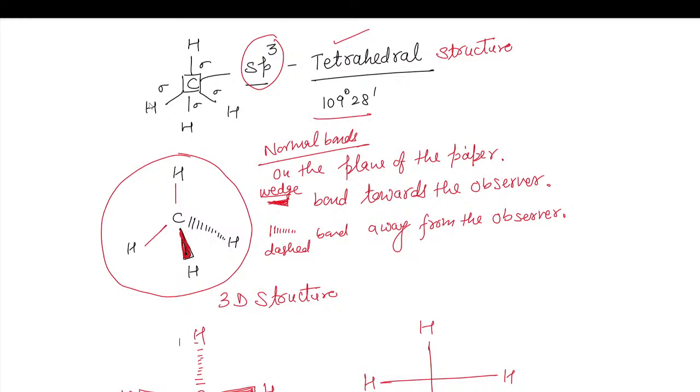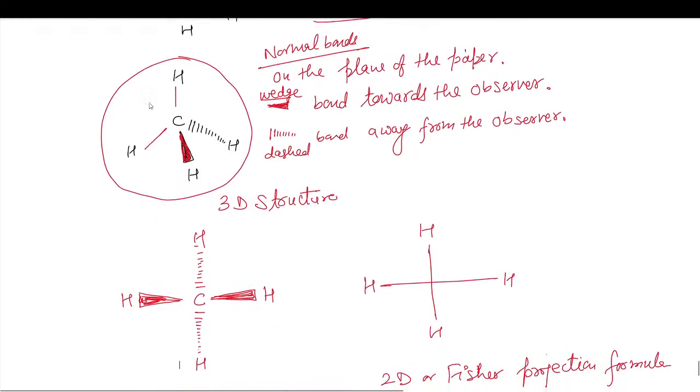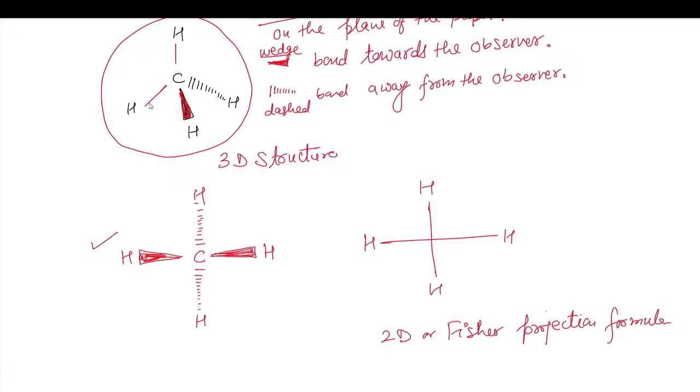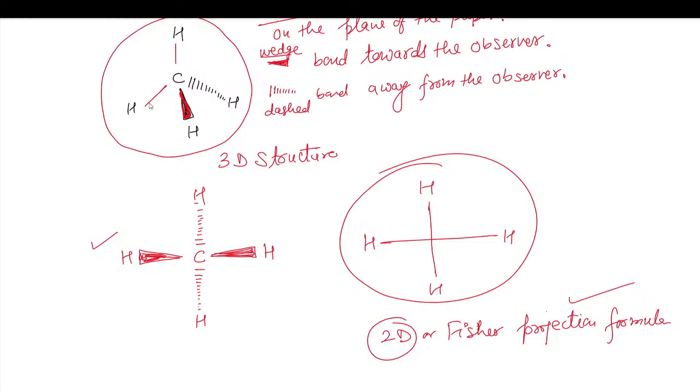Another 3D view is like this, and this one is the Fischer projection formula. That is called the 2D structure or Fischer projection formula. That's it.